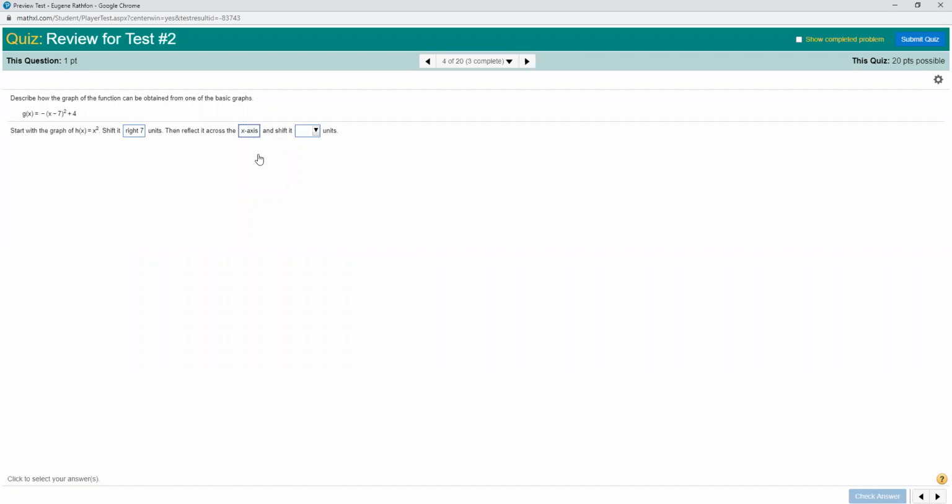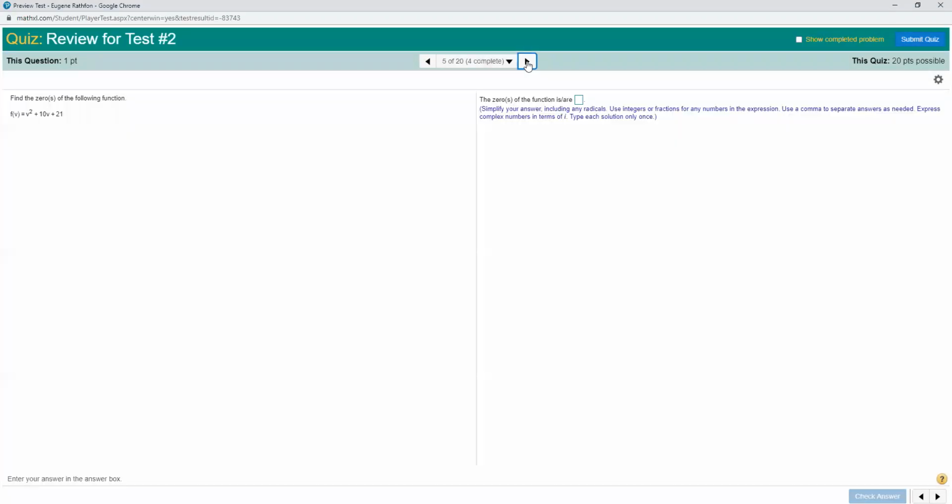If anybody puts y-axis on that, it's definitely going to miss it, okay? Every single one of y'all will answer x-axis on that question. And then we said we went up 4 because that was positive. So once we click that, I don't know if this one will, let me just hit check. It might not make us graph this one. No, it didn't make us graph it, so it just had to do what the translations were, okay?